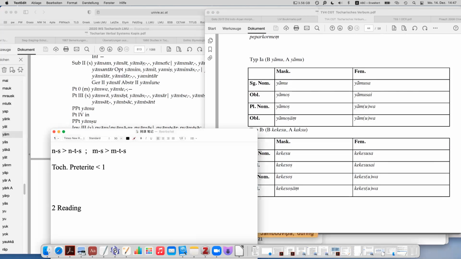The first one is the Proto-Indo-European aorist, and the second one is the perfect. So this is the reason why we sometimes have an S preterite, and this goes back to the S aorist. And we also have reduplication, and it goes back to the perfect.